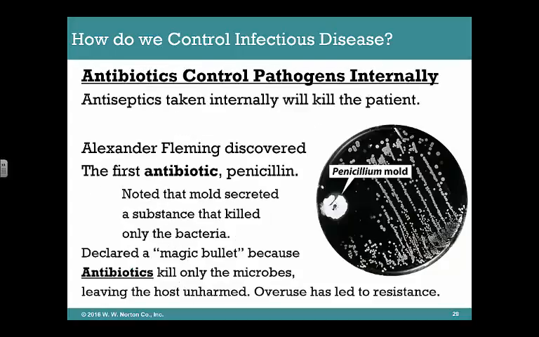So as I mentioned, another way to control pathogens is the use of antibiotics. So how did we come about discovering antibiotics? That was really a key observation made just serendipitously, just by accident, when Alexander Fleming left a plate of the bacteria that he was studying out over a period of several days when he was out of the lab.